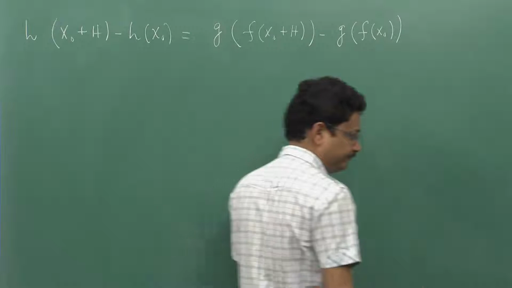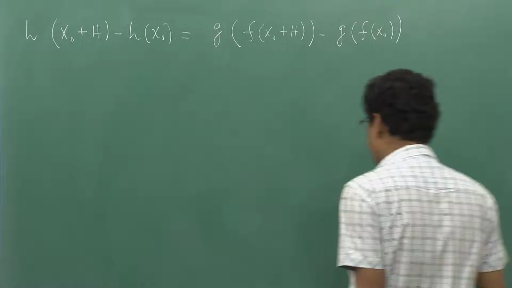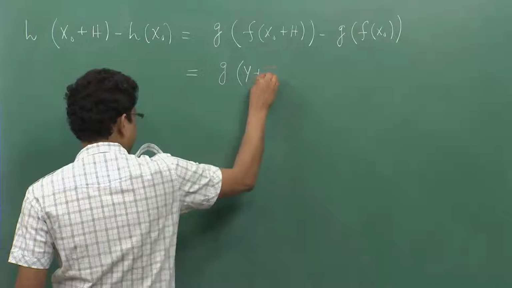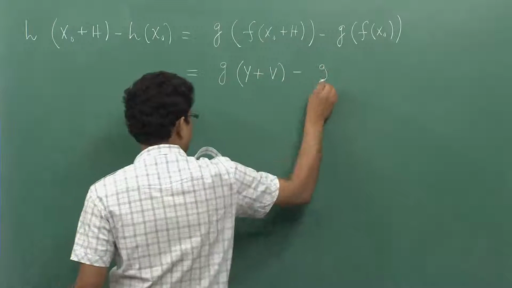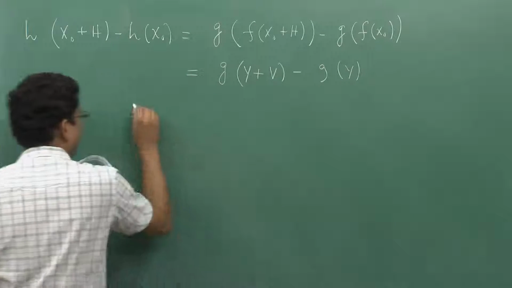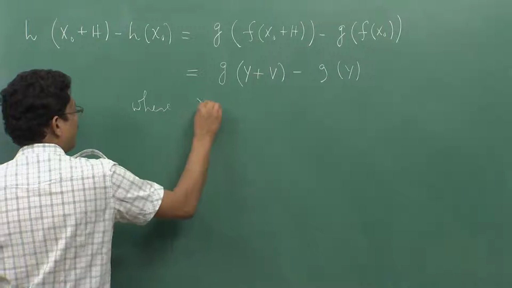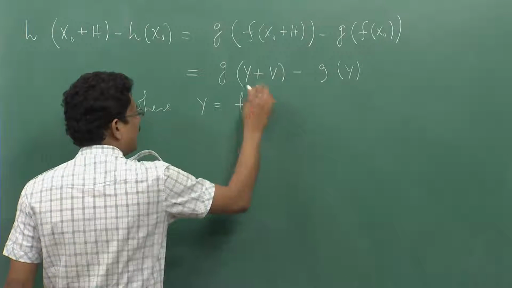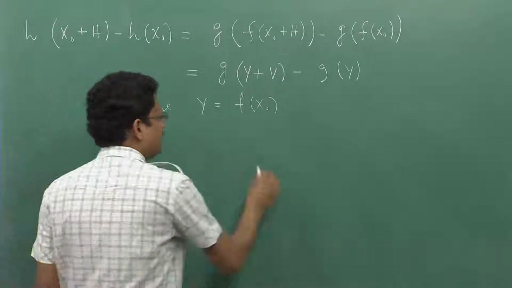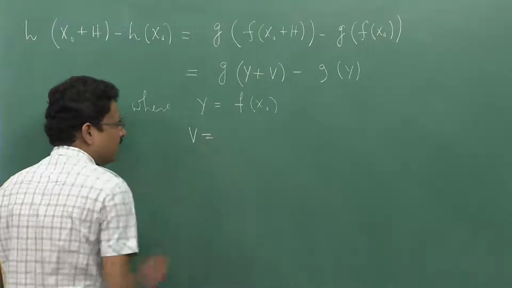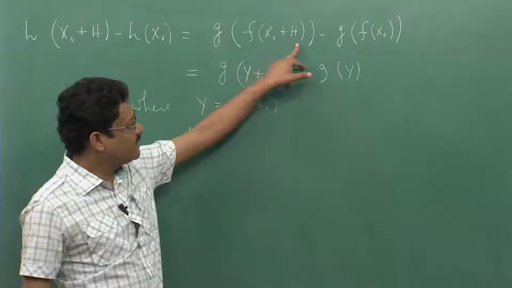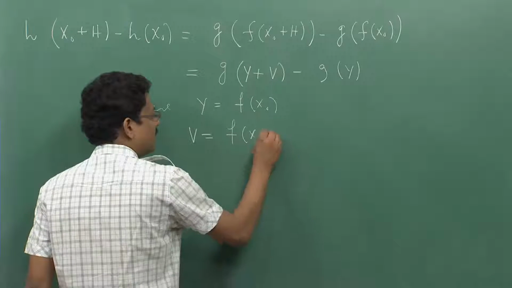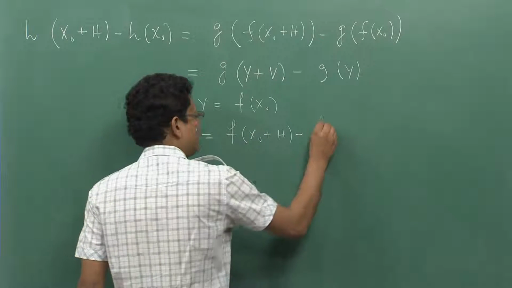Let me write it in this form: g of y plus v minus g of y, where y is f of x naught and y plus v is f of x naught plus h. So, v is f of x naught plus h minus f of x naught.